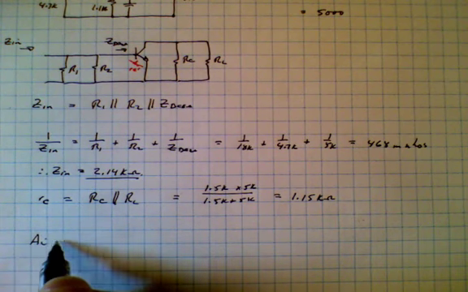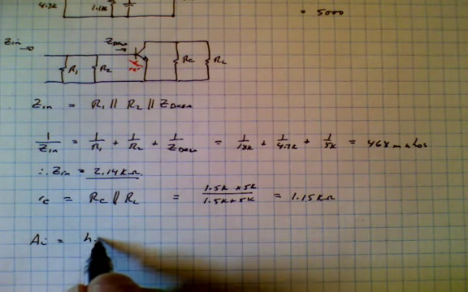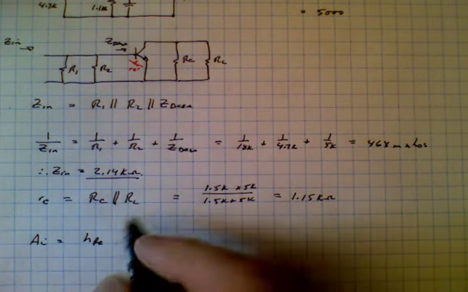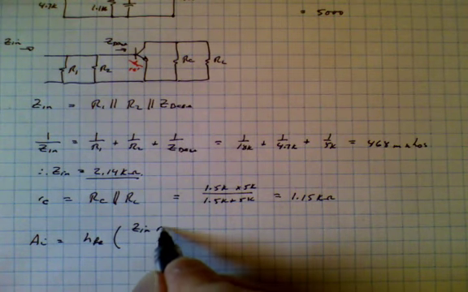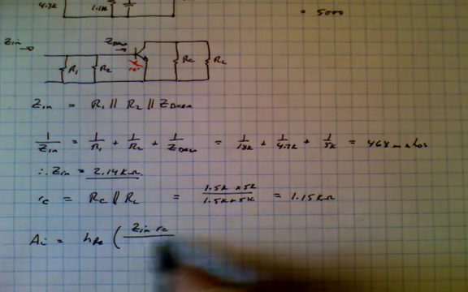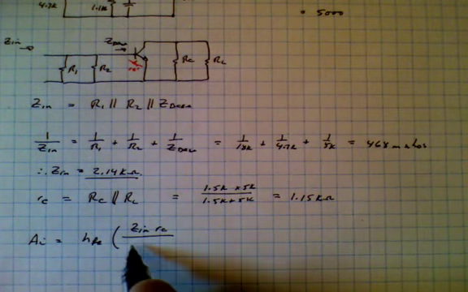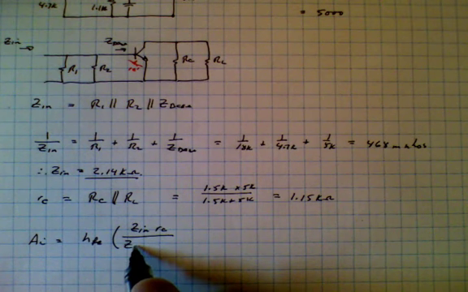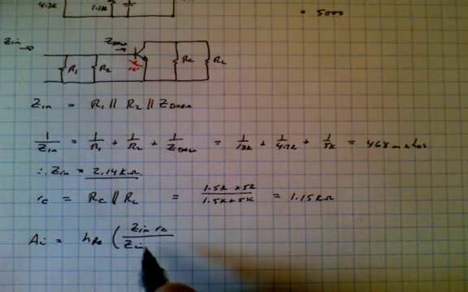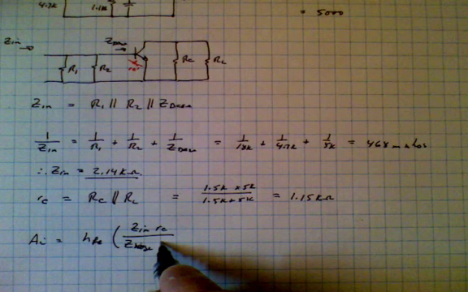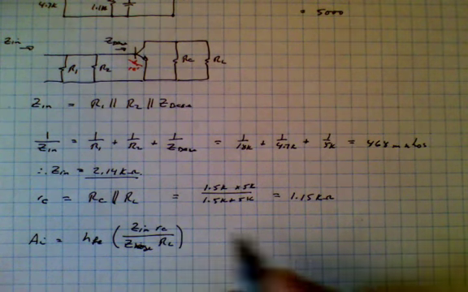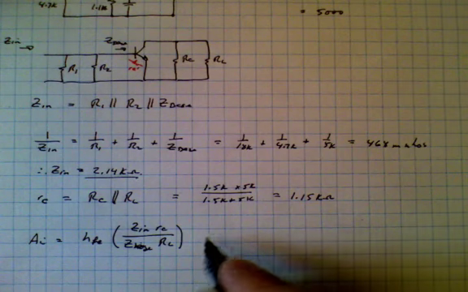The current gain is equal to HFE, that's the AC beta, times Zin times the AC collector resistance rc, over Z in the base, times RL, the load resistance.